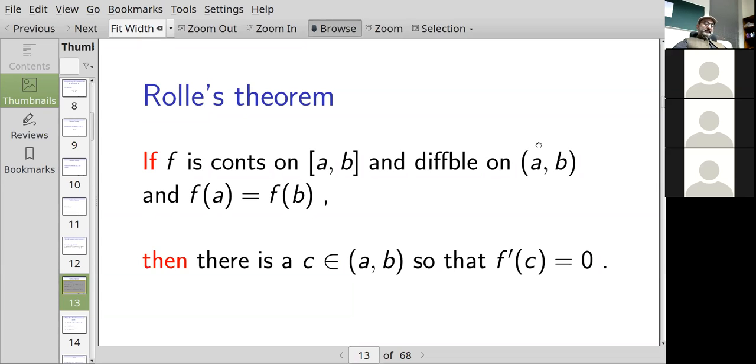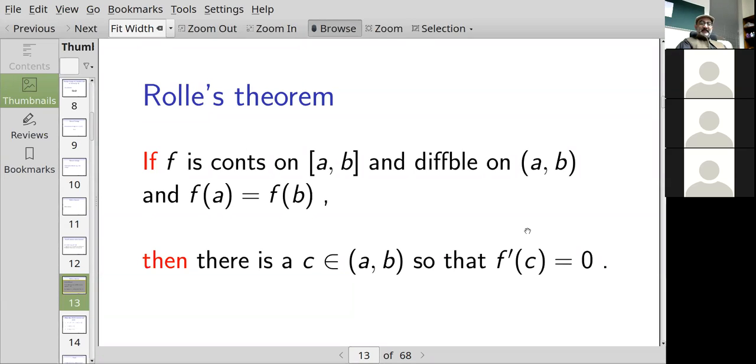Note something. If f of a is equal to f of b, then what's the average rate of change of the function over the closed interval from a to b? 0, right? Because you've got f of b minus f of a over b minus a, and f of b minus f of a is 0 in this case.